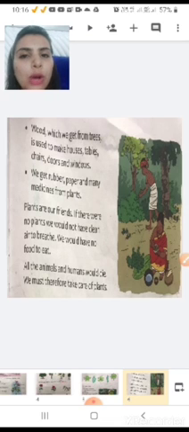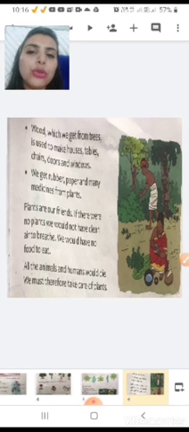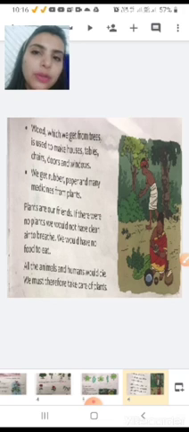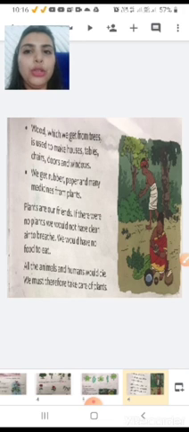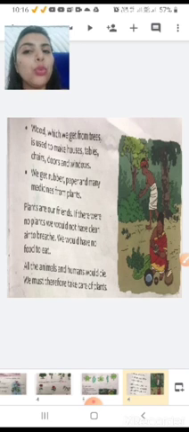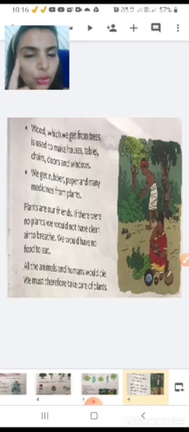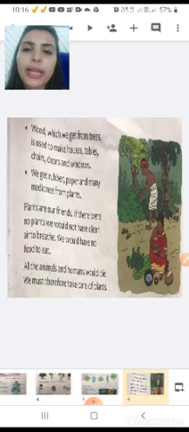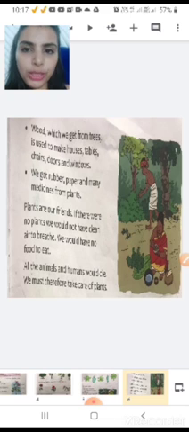So basically you have to take one oath, or you can say swear, that you will plant one tree or one plant on your birthdays. Whenever it is your birthday, or your mother's birthday, your father's birthday, or your sibling's birthday, you have to plant one tree. Either in your home or in any open space outside where you can plant a tree or a plant, you can go there and plant one tree.